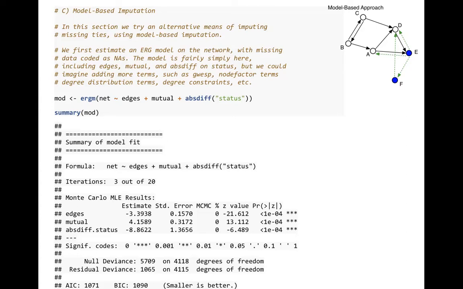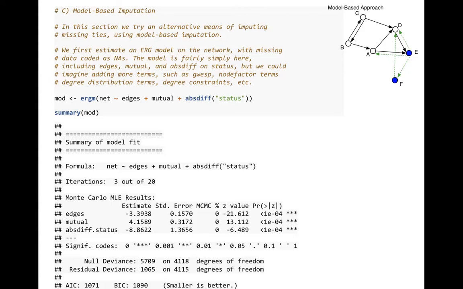In this case, we're going to do a simple model. We have a term for edges, a term for mutual reciprocity, and a term for absdiff on status, basically a homophily term saying whether people who are more similar on status are more likely to have ties. We use the ergm command in R, estimate our model, and get our three coefficients.